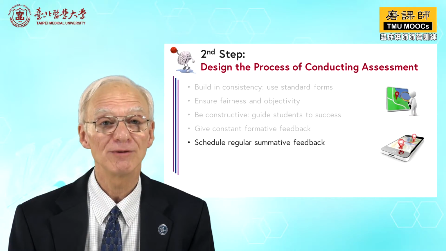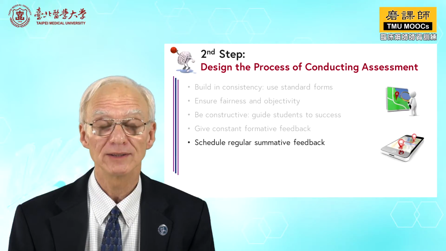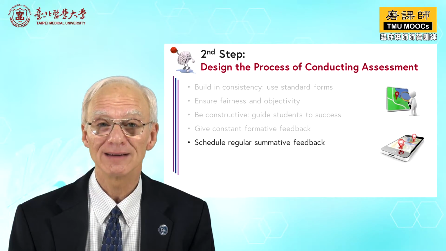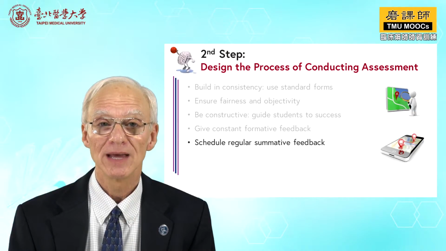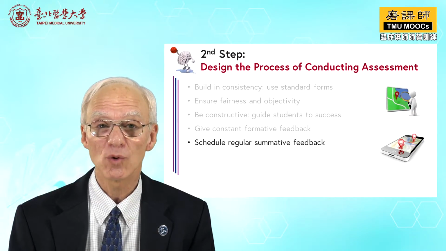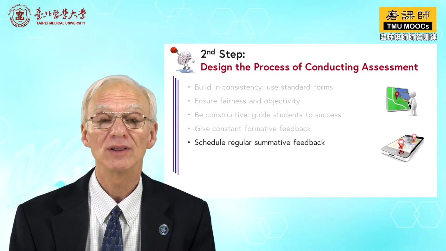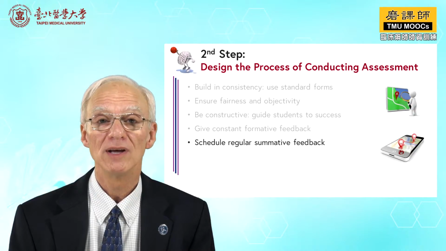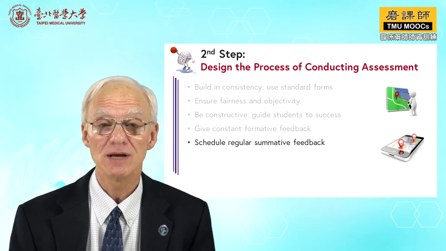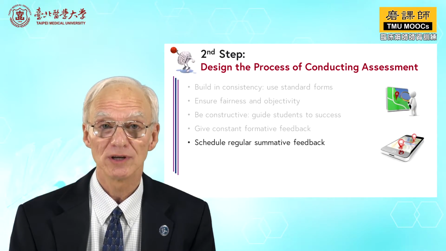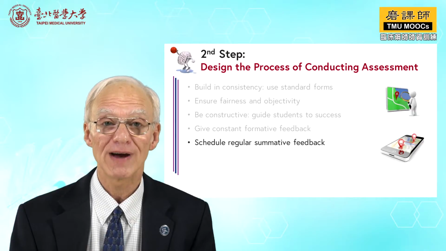The idea of summative feedback is a more formal process that's directly tied to the student's grade for the rotation. And to do that at least twice during a rotation. At the very least, a student should receive formal summative feedback at the midpoint of a rotation so they have an opportunity to make necessary corrections in terms of achieving whatever final grade they want for the rotation.